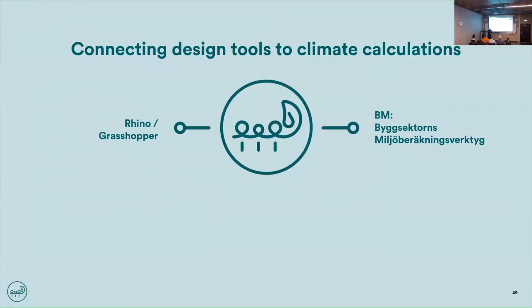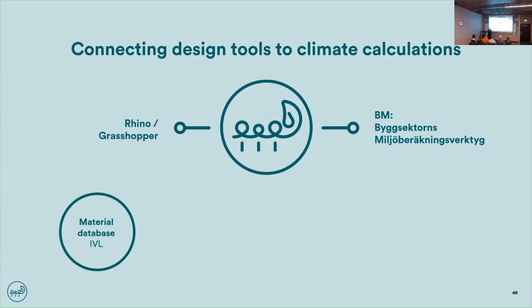So what we've done is that we connected our 3D modeling and design sketching environment, Rhino Grasshopper, with Byggsektorns miljöberäkningsverktyg, which is developed by IVL, the Swedish Environmental Institute. Not sure what the name is in English.